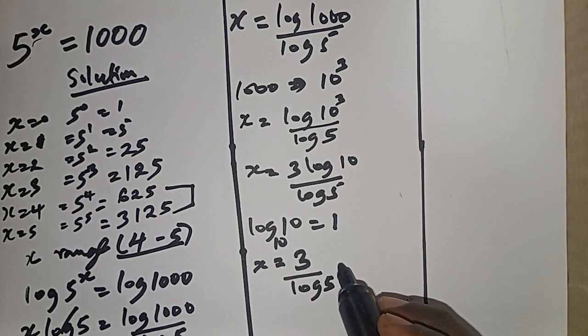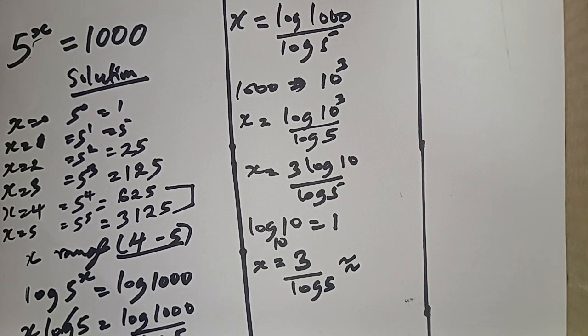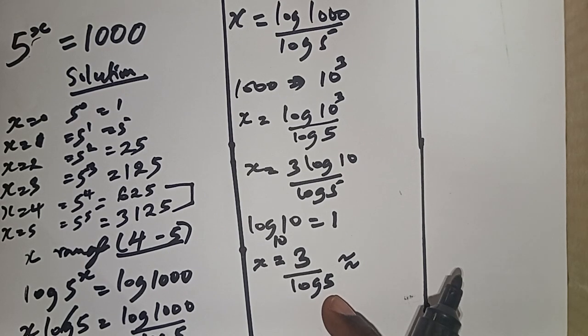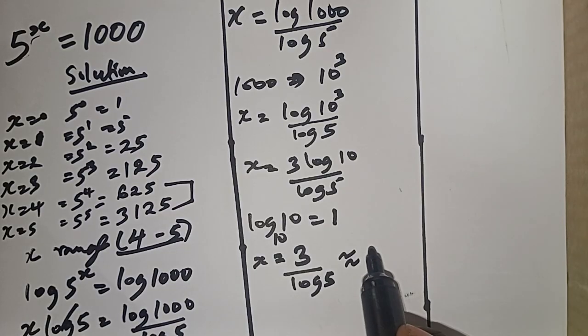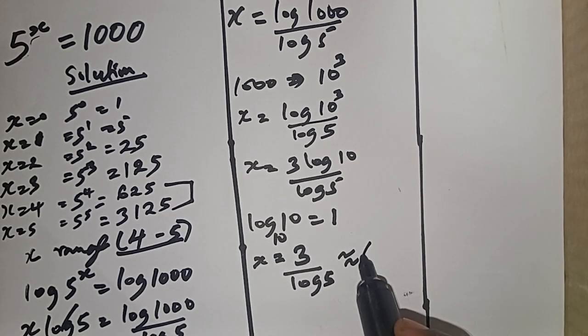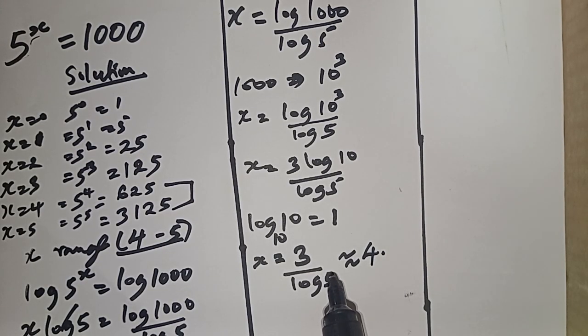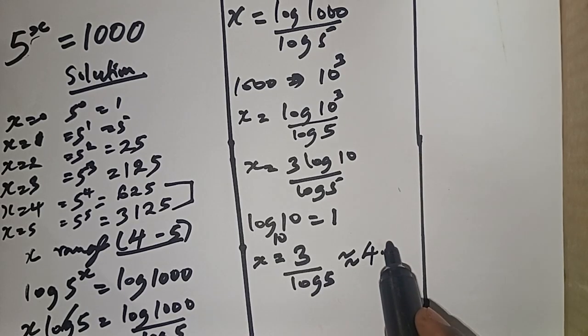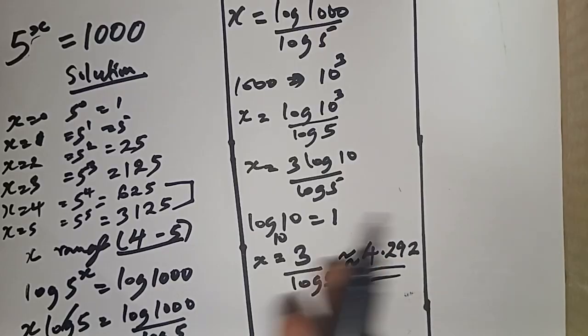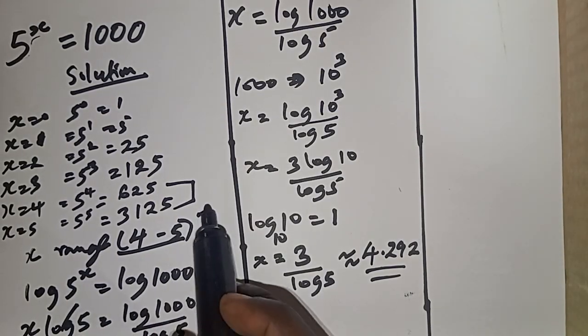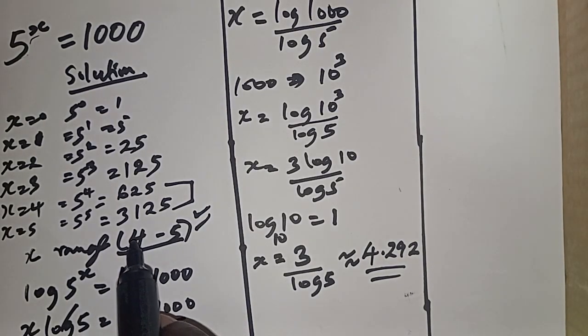And computing this on the scientific calculator, 3 divided by log 5, we shall get an approximate value of 4.292, and this value, recall, is actually in the range between 4 and 5.